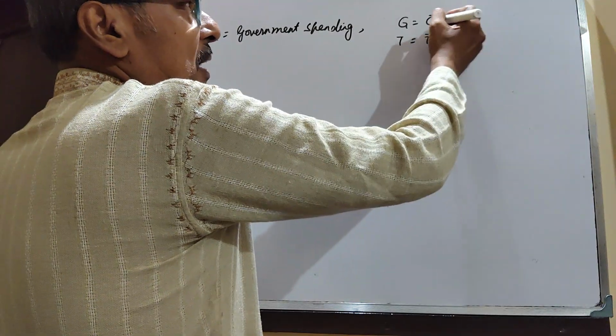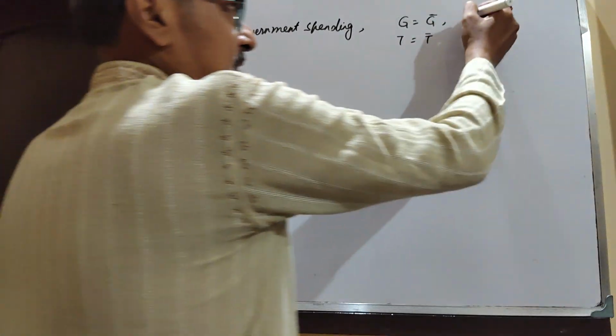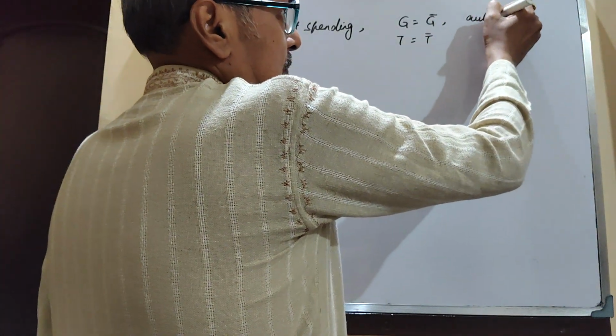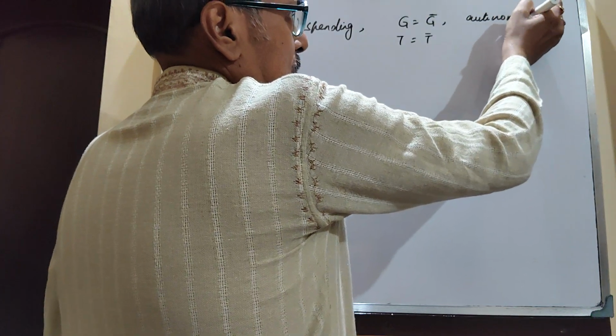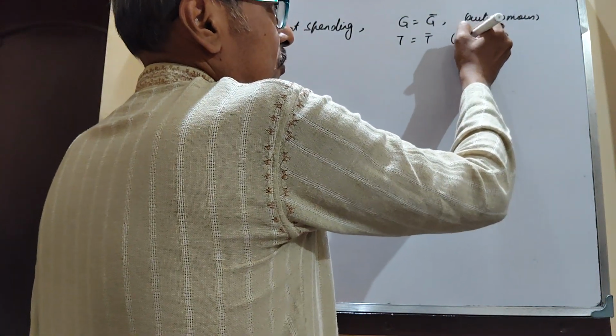T equals T bar. Bar shows the autonomous.